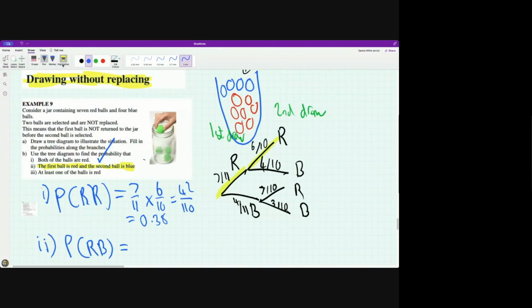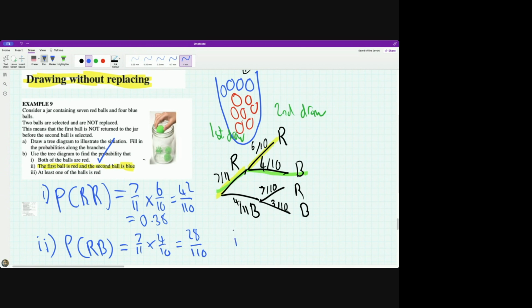So I'm using a different pathway. So red and then blue: 7 out of 11 times 4 out of 10. So I've got 28 out of 110.